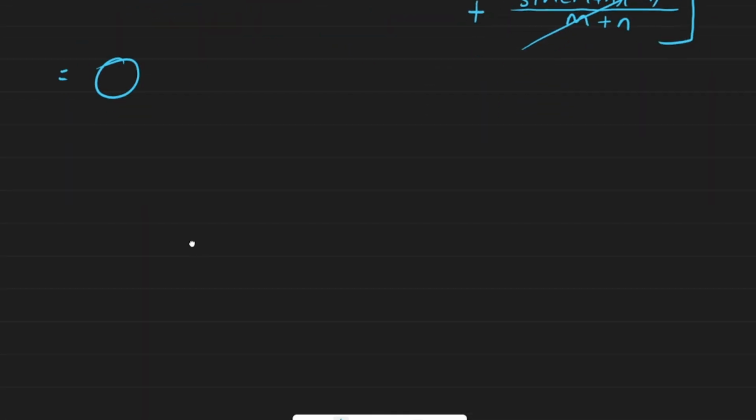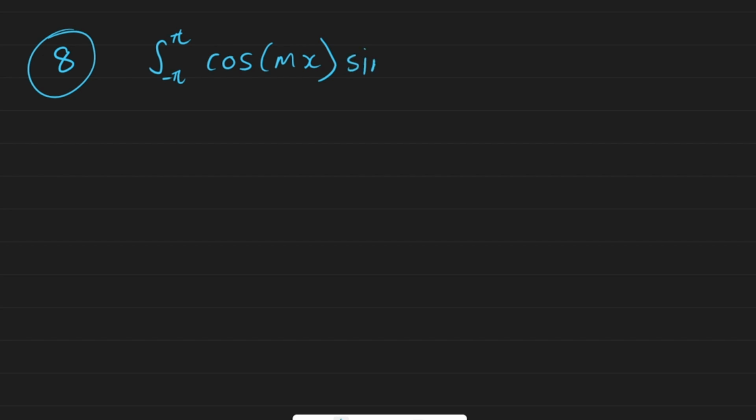Okay, so the 8th integral that we're going to consider is the integral from minus pi to pi of cos mx times sine nx.